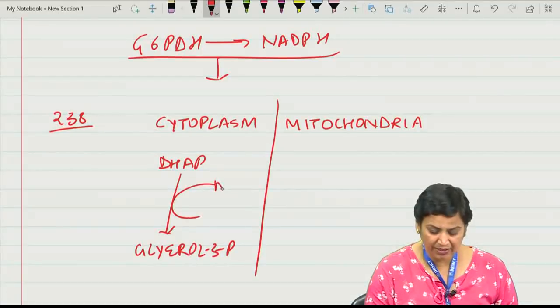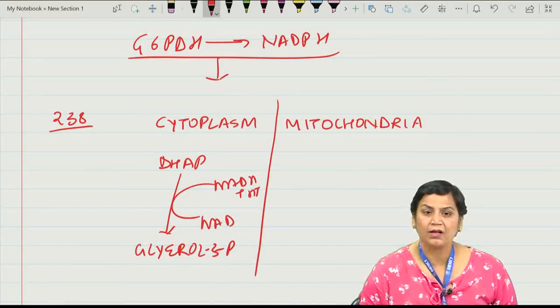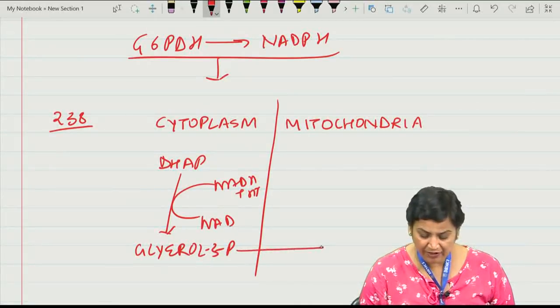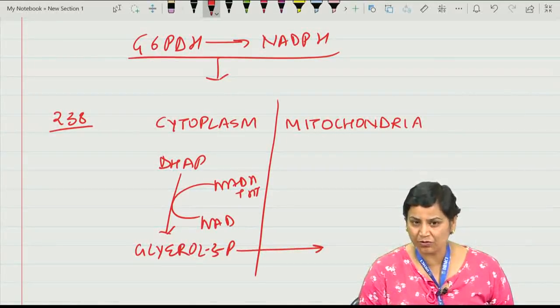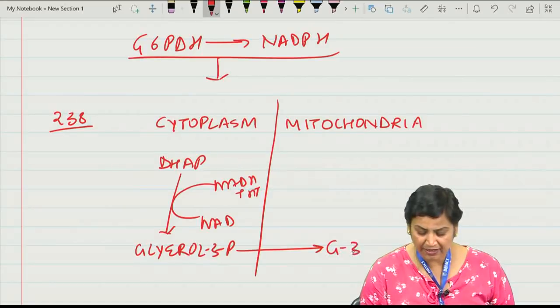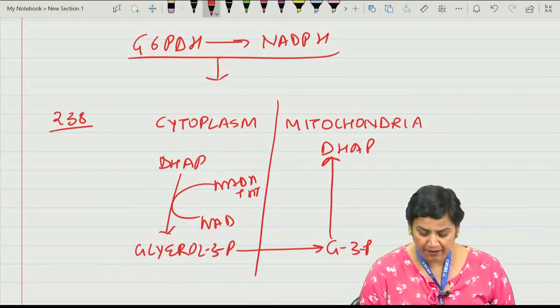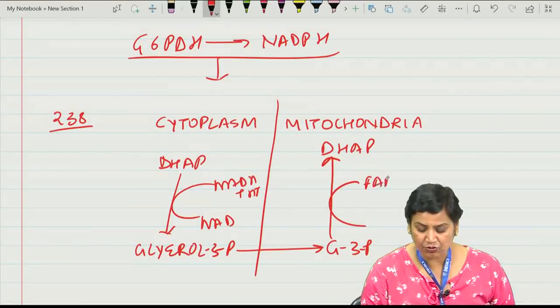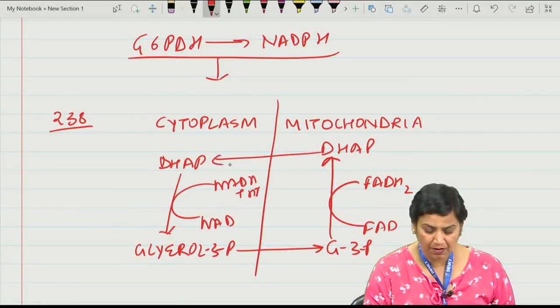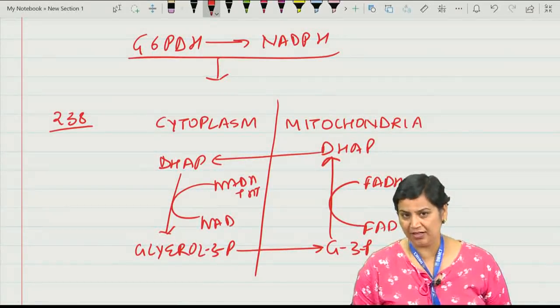Here the reducing equivalent is NADH. This glycerol 3-phosphate will be transported from the cytoplasm to the mitochondria where it is going to form FADH2, and DHAP will be transported back here.